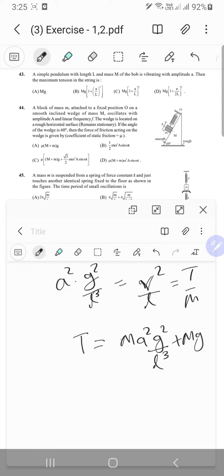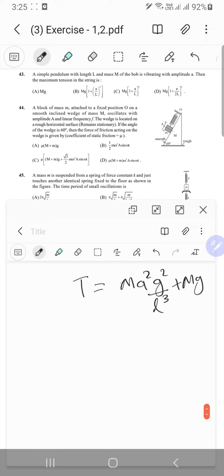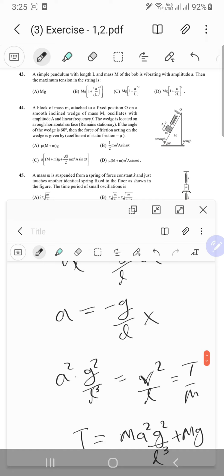Yeah, plus mg because it also has to account for the gravity. So this will be mg into 1 plus A squared g squared by L cubed. Something is not right. A squared g squared by L.